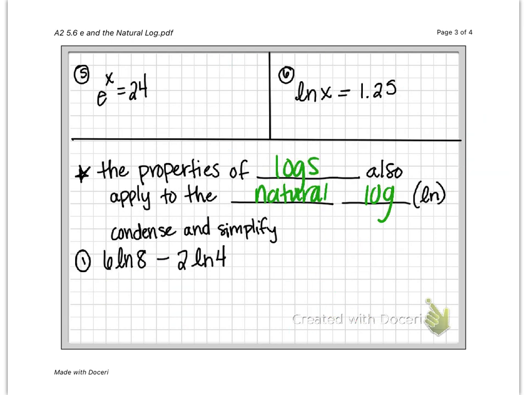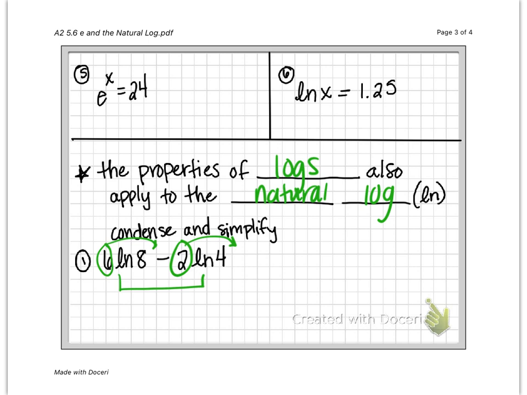If you have a natural log and you need to expand or condense or simplify, the same rules apply. So if we were going to condense this, the only difference is that instead of having log, we're going to have ln. Okay? So remember, where does this 6 go and this 2 go when we condense? Yeah, both of you are right, but we're going in 2 orders.